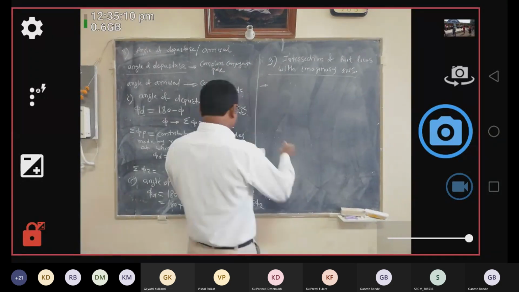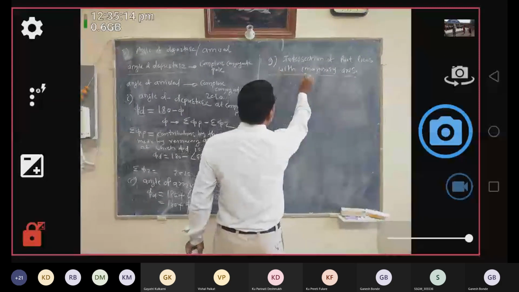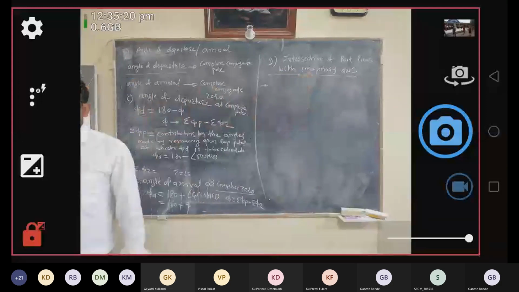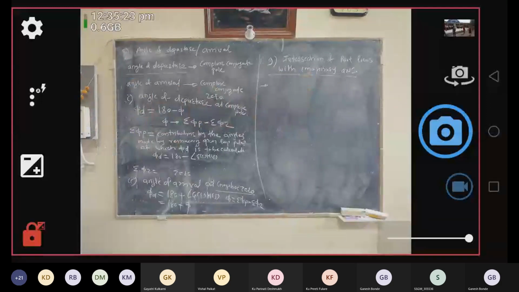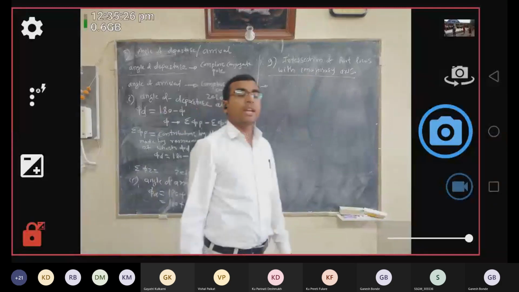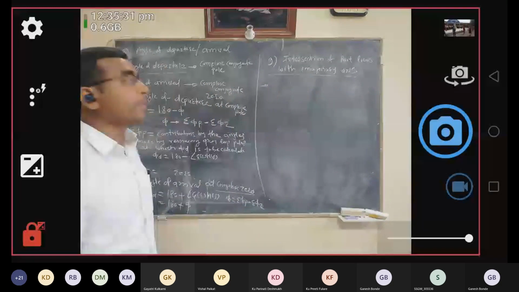Again, the point at which your root locus branches are intersecting the imaginary axis, the value of k corresponding to that point is called the marginal value of k.